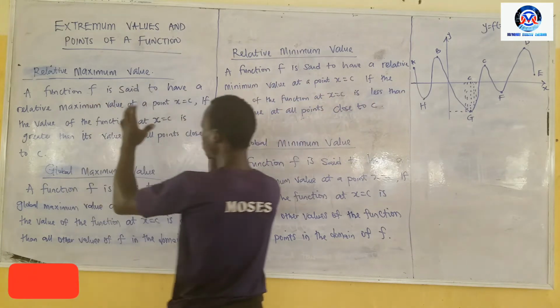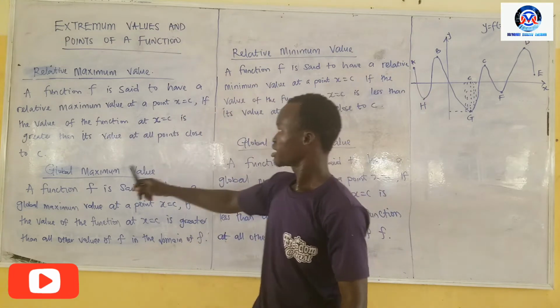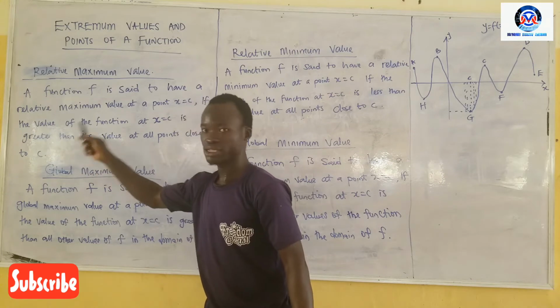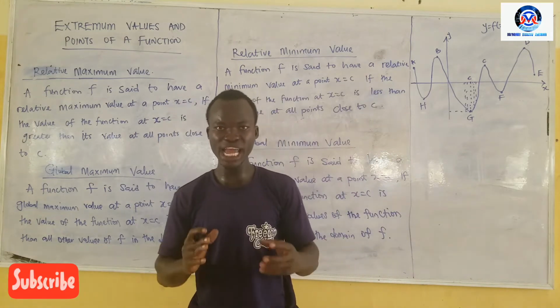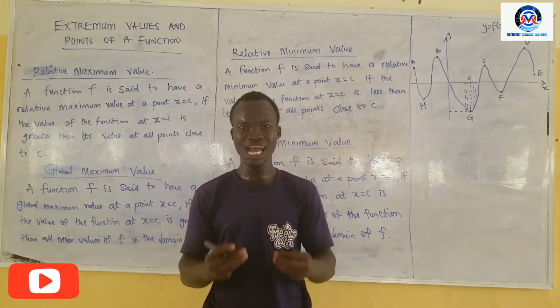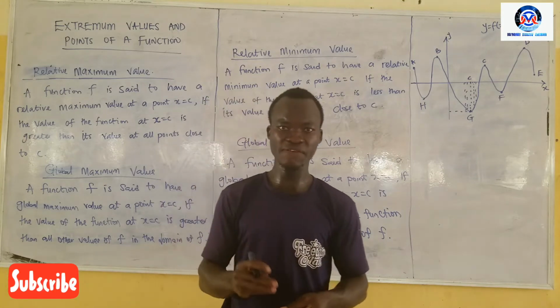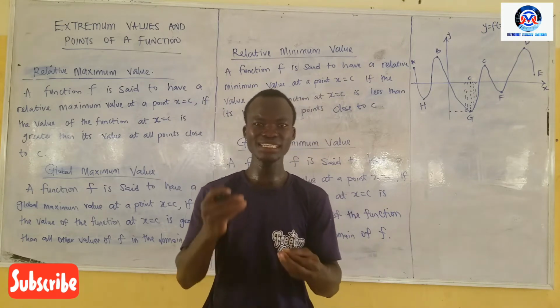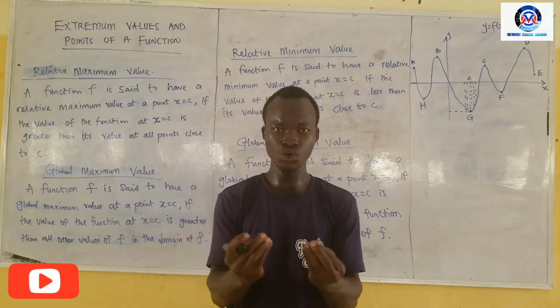They are almost very similar, but the difference is just that instead of greater than here, we have less than. So a function f is said to have a relative minimum value at point x equals c if the value of f at the point x equals c is less than the value of f at the points closer to c.